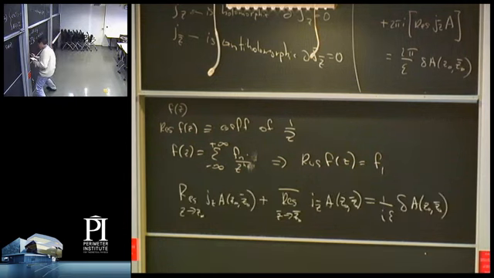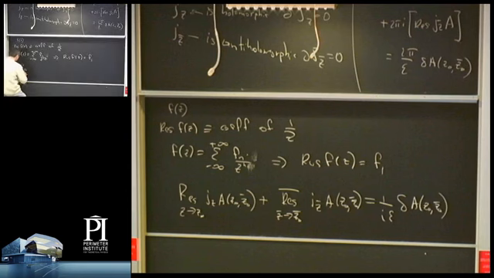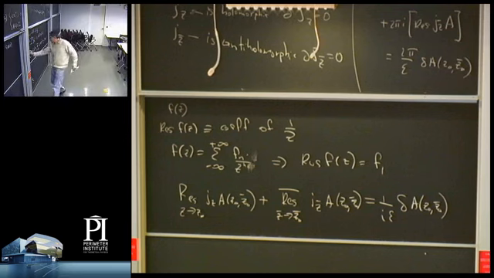I'm going to write it in this form: the residue as z goes to z_0 of j_z(z, z̄_0), plus the residue as z̄ goes to z̄_0 of j_z̄(z̄, z̄_0), equals 1 over i epsilon times the variation. This identity is very powerful.